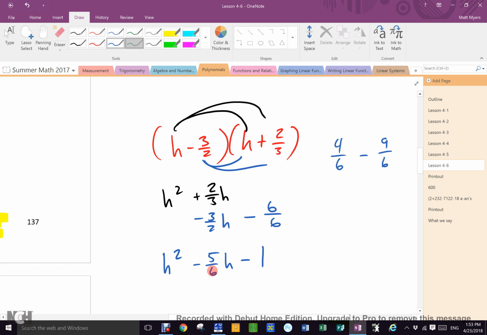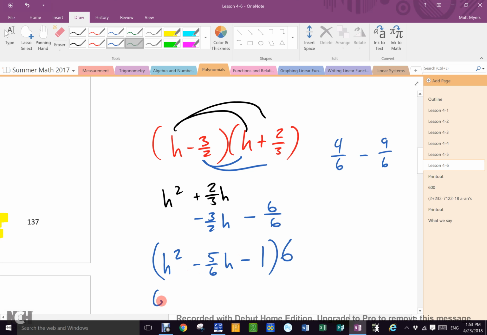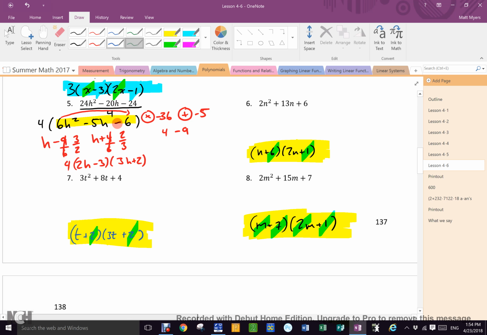How would you get rid of that? You would multiply by 6, right? If I multiply this all by 6, what do I get? What does the h squared become? 6h squared. What happens to the 6's here? The 6's cancel. Minus 5h. And what's 6 times negative 1? Negative 6. What is that?